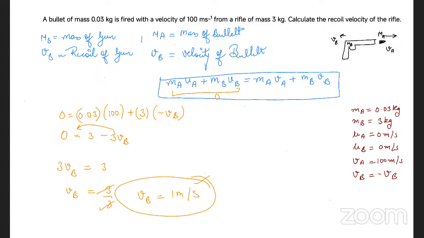So it means that the recoil velocity, which is coming in the backward direction, is 1 meter per second. Understood, Jahoan? Ask me, it's your doubt class. It's okay.